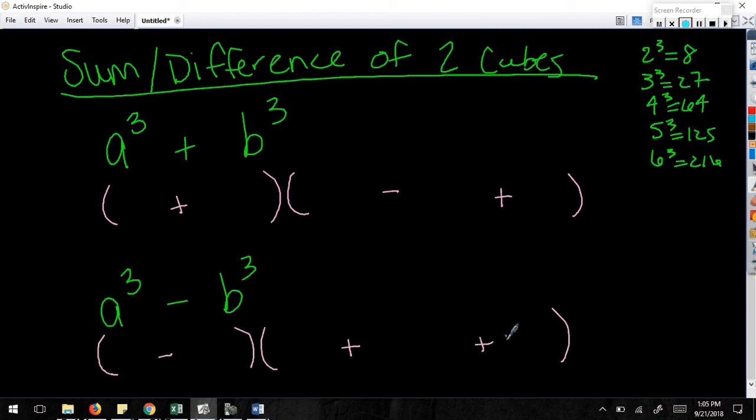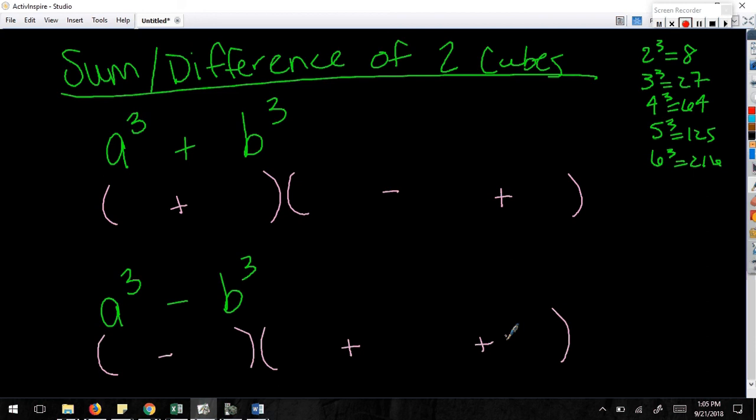So your first step is to set up those signs. Is everybody okay? The last one's always going to be plus. It's kind of like when we were working with a perfect square trinomial, and that second sign's always plus every time.